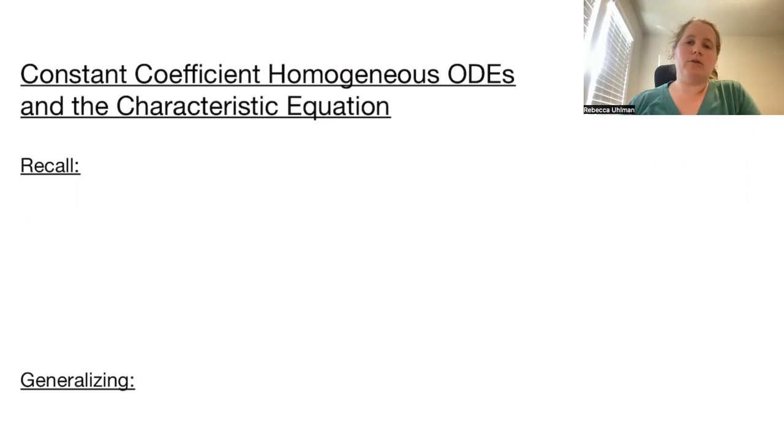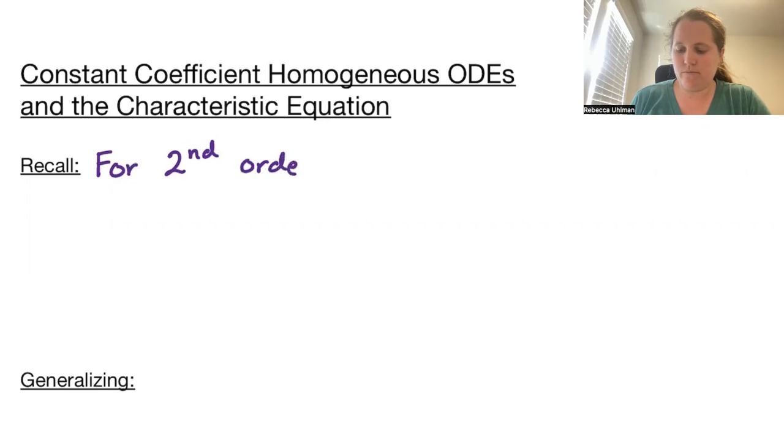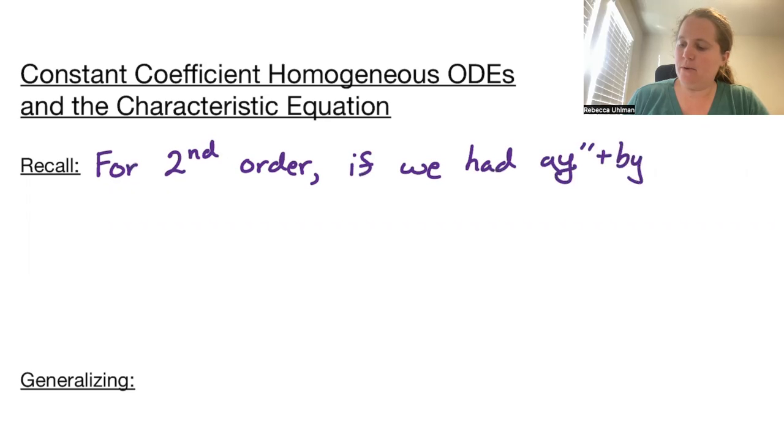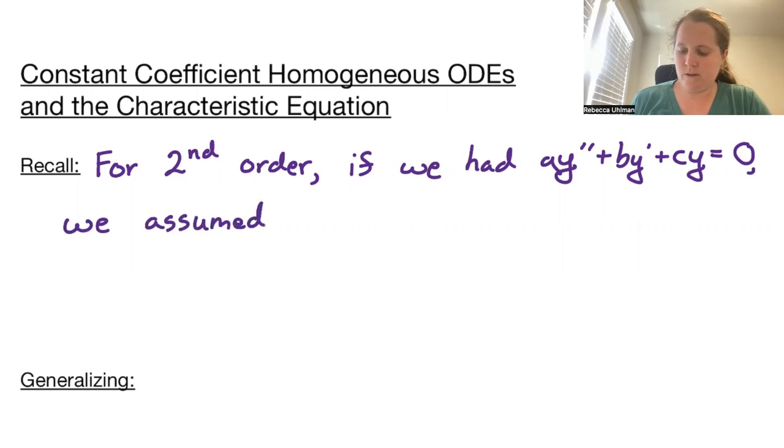Welcome to constant coefficient homogeneous ODEs and the characteristic equation. So recall for second order, if we had ay'' + by' + cy = 0, what we did was we assumed that y was equal to e to the rx.